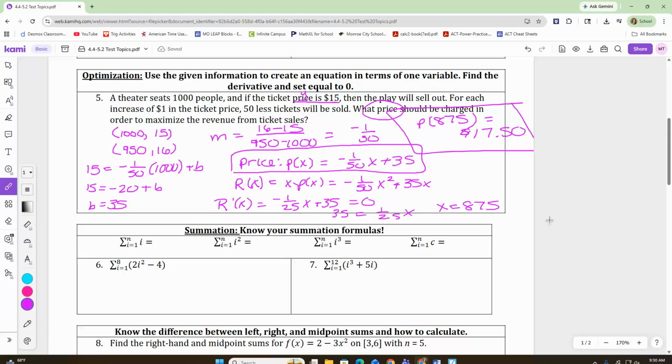So guaranteed we are going to have one on the test. It will probably be one similar to these. Is that okay?